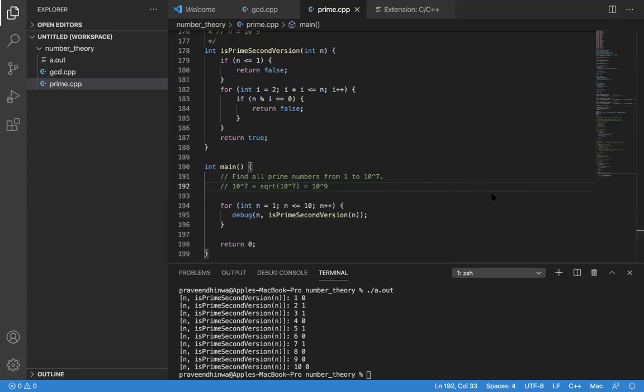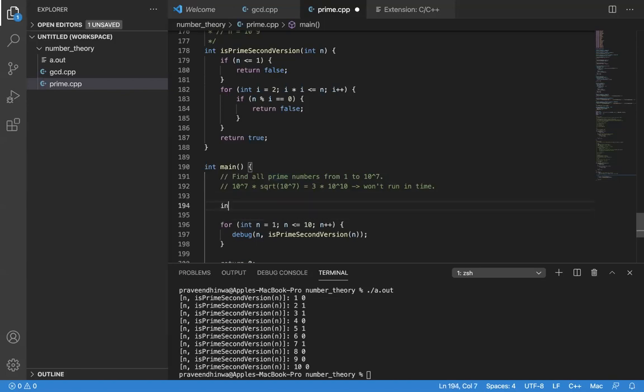This is about 31 into 10 power 8, so 3 into 10 power 9, roughly 3 into 10 power 10. So this one definitely won't run in time. If someone asks you to find all the prime numbers from 1 to 10 power 7, you cannot do something like this.